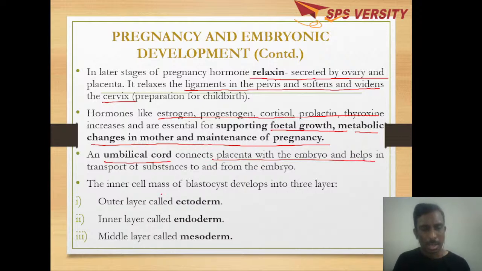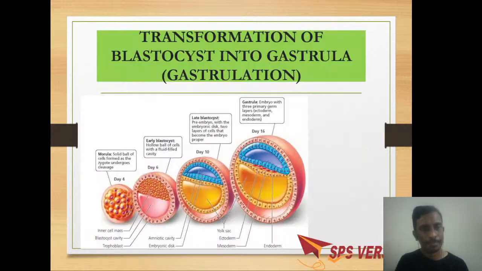Okay. And during the development of the embryo, after the blastocyst, 3 layers are formed: ectoderm, endoderm and mesoderm. The outer layer is ectoderm, the innermost layer is endoderm, and between these two is the mesoderm. Okay. So here you can see the transformation of blastocyst to gastrula. There is a gradual transfer.